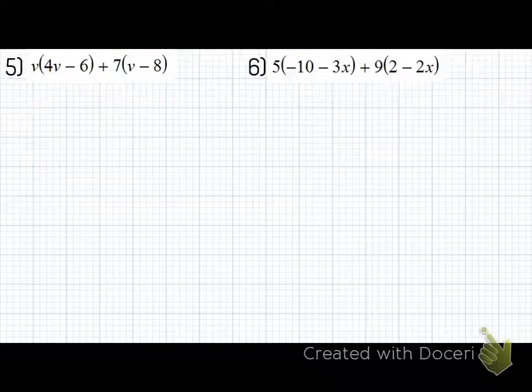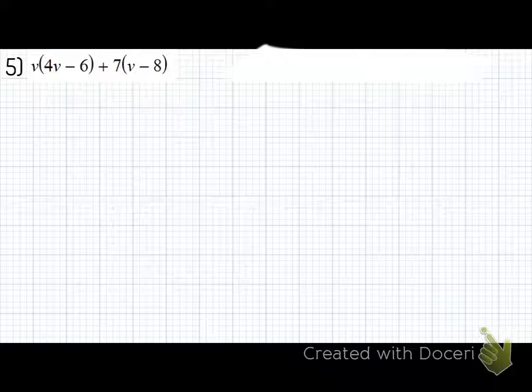Okay, continuing on here. Number 5. This one gets a little bit bigger. Write this down for me while I say it. We got v times 4v minus 6, plus 7 times v minus 8. Okay? We're going to have to distribute twice here, and I'll help you out with that.